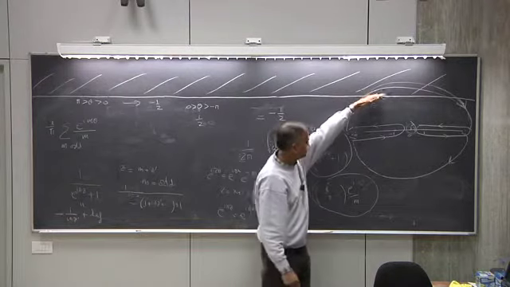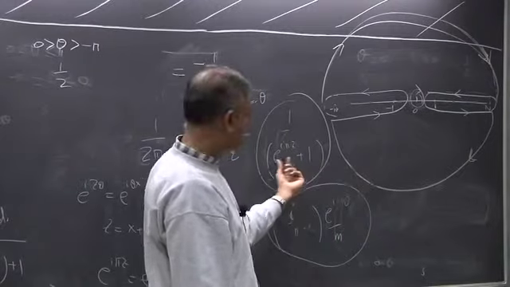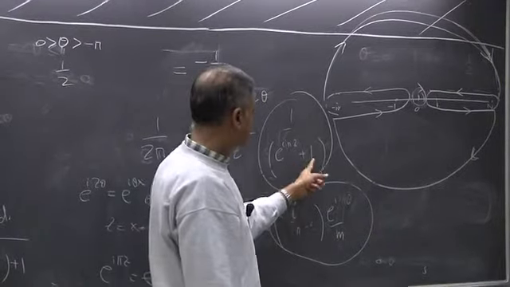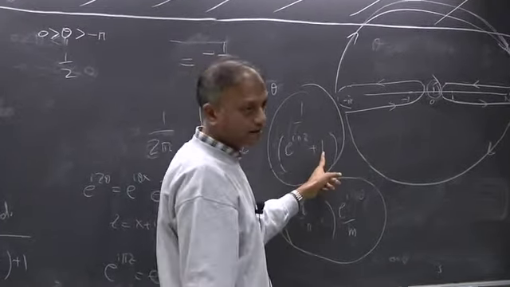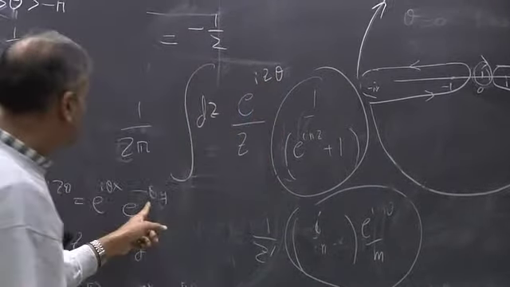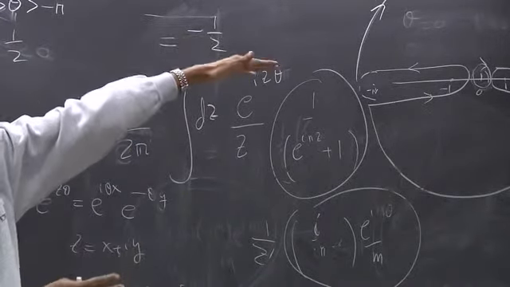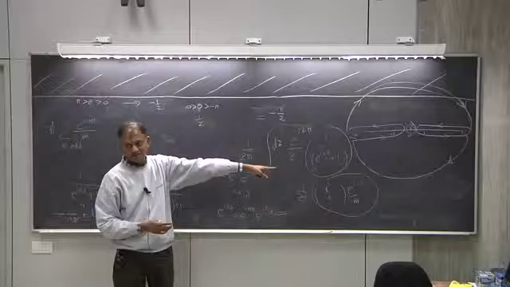So let's go up here. Then this I can ignore compared to that, right? Because this is exponentially suppressed. So here the denominator is just 1, but in the numerator, you see theta is negative. So e to the minus theta y is positive, right? It blows up exponentially. So you cannot use that definition.